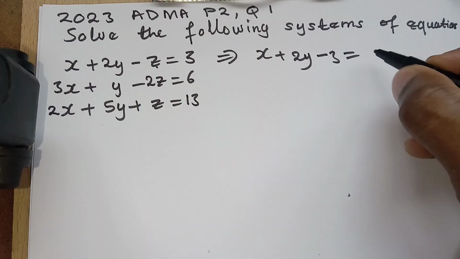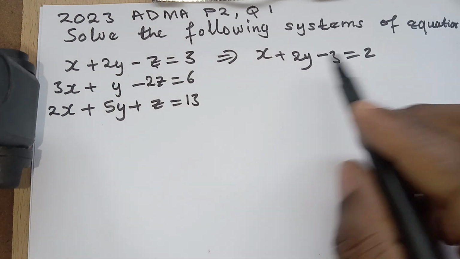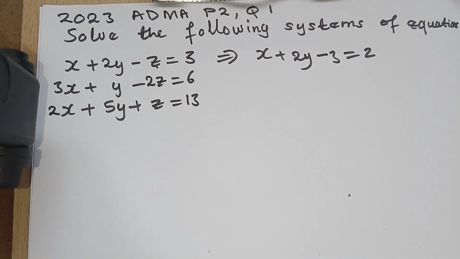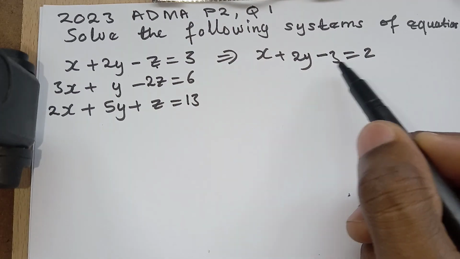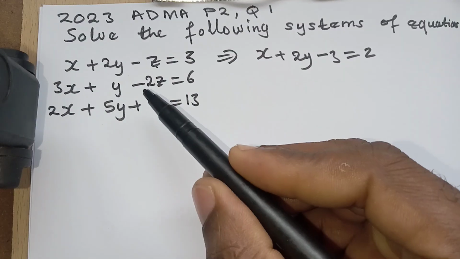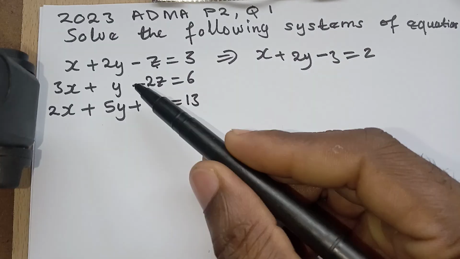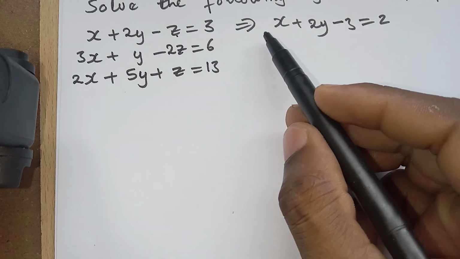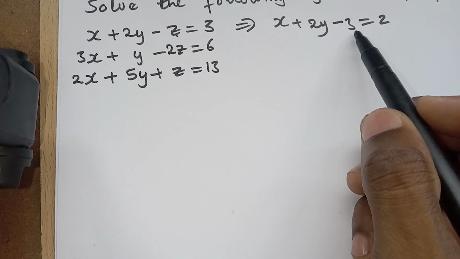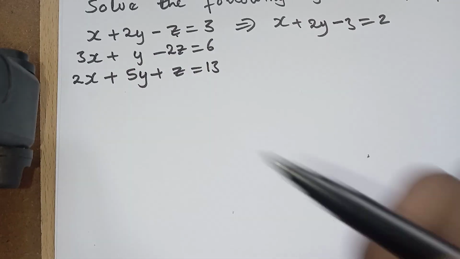And then when the z goes to the other side, we have z is equal to x plus 2y minus 3. So now I'll use this value of z to solve the other two equations by substituting x plus 2y minus 3 in these two equations.